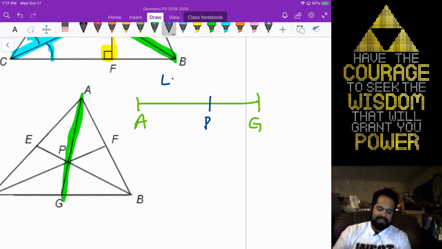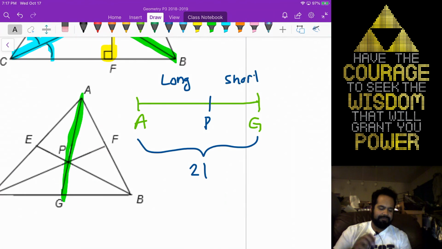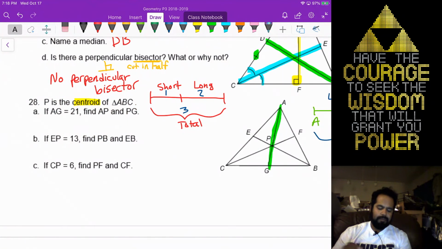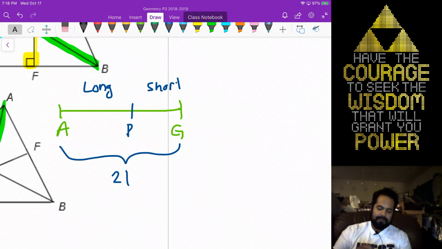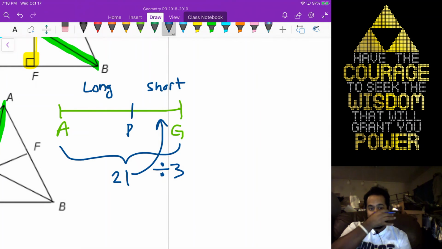So right here, we're going to place the P. And then we're going to say this is the long part. And this here is the short part. Now the total that was given to us was 21. Well, if we want to go from the total to the short part at least, we have to divide by 3. Because again, everything's partitioned into thirds. Short part is 1/3, the long part is 2/3.